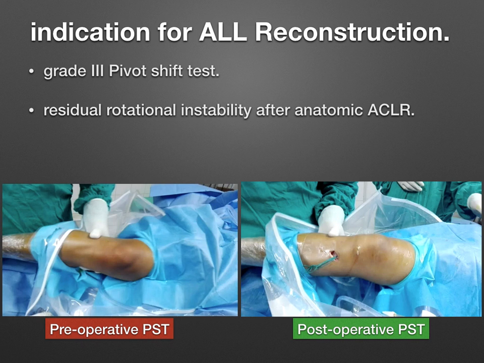also to be reconstructed. So as of now, there are two indications for anterolateral ligament reconstruction. If the pivot shift test is grade 3, then probably the ALL reconstruction is required, or if there is a residual rotational instability after anatomic ACLR, most likely this patient will require some additional procedure on the anterolateral surface, probably the anterolateral ligament reconstruction.